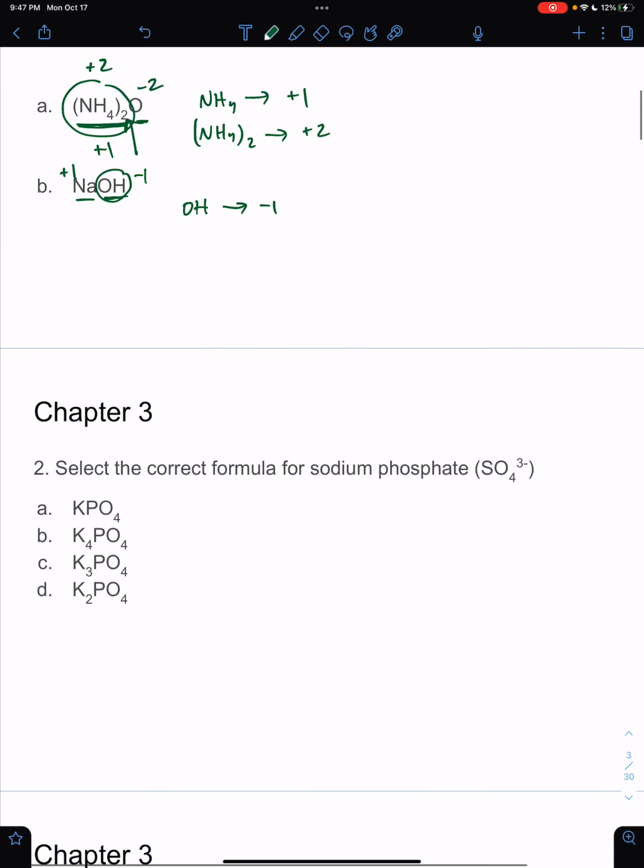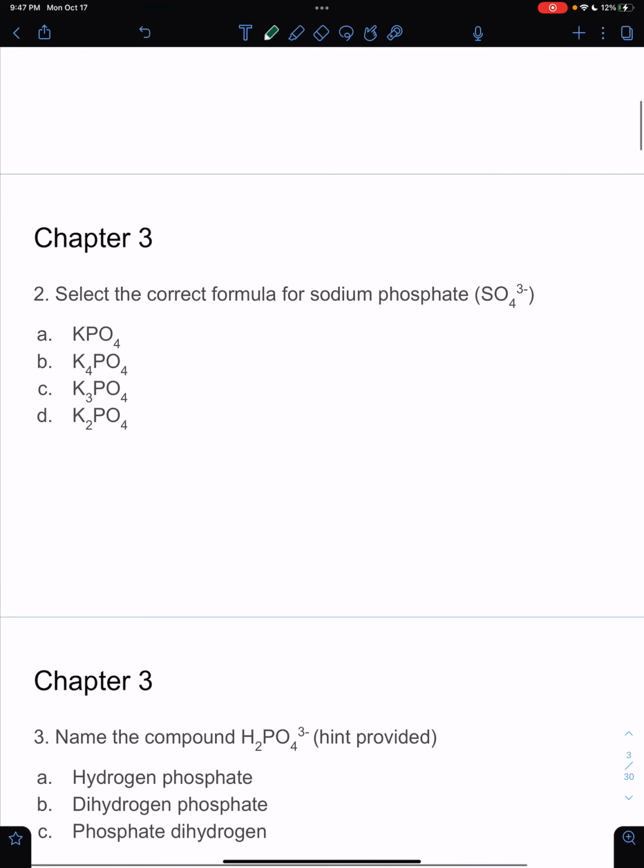Alright, and then moving on to number 2, she says select the correct formula for sodium phosphate. So this is just an example of polyatomic ion that I made up. So she said in the question that she's going to give you a hint, I think.